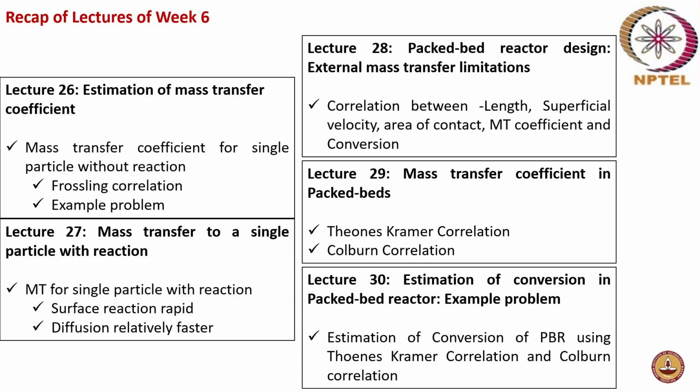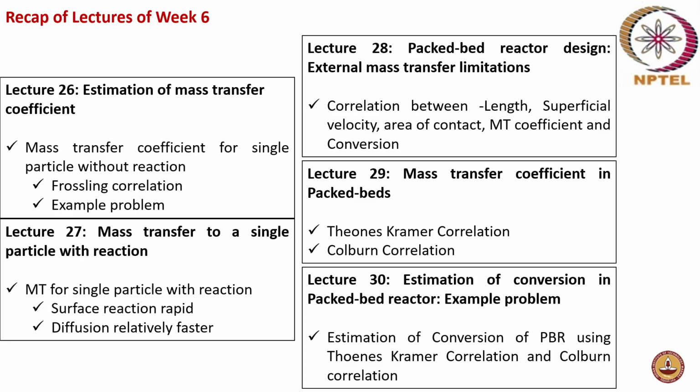And in lecture 27, mass transfer to a single particle with reaction was discussed, where two cases were discussed. Case 1 was when the surface reaction is rapid, while case 2 was when diffusion is relatively faster.